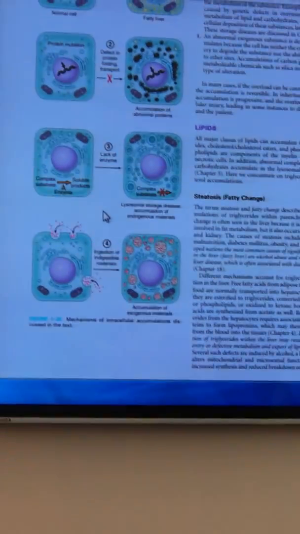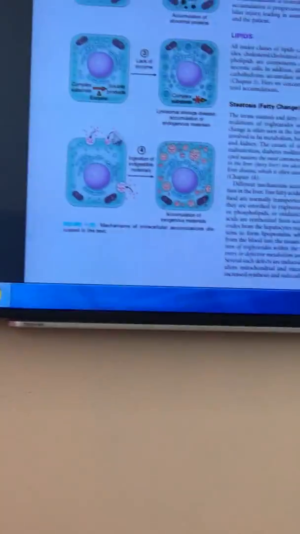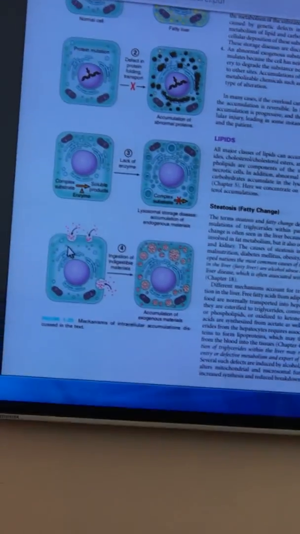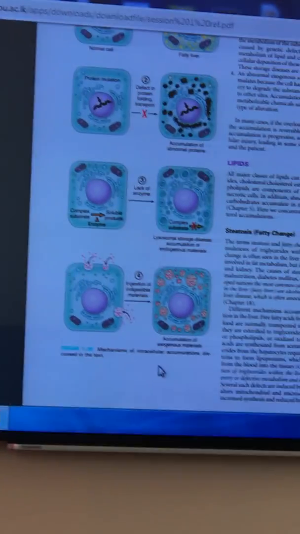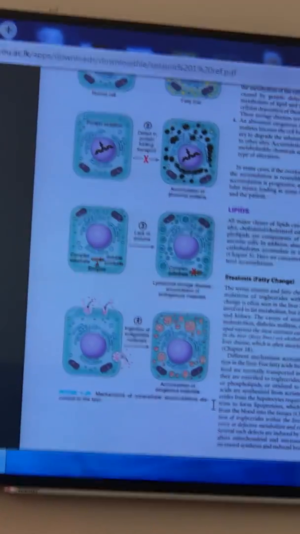And if the indigestible material is exogenous and is indigestible by the cell, they again accumulate. So accumulation of exogenous materials.